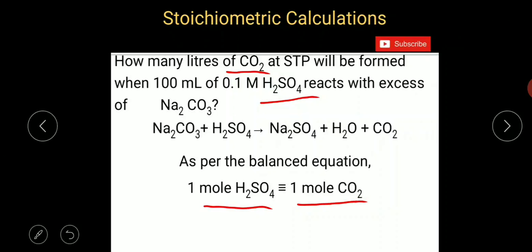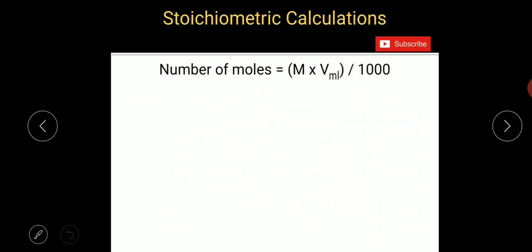But how many moles of H2SO4 has been given in the question? That we need to find out from this information. Molarity of H2SO4 and volume of H2SO4 are given. To convert that into number of moles, the relation is molarity multiplied with volume in milliliters divided by 1000.